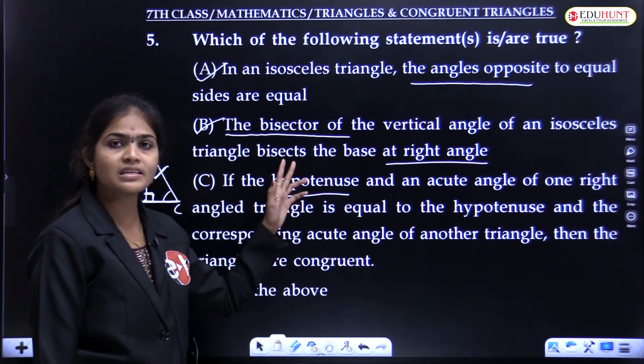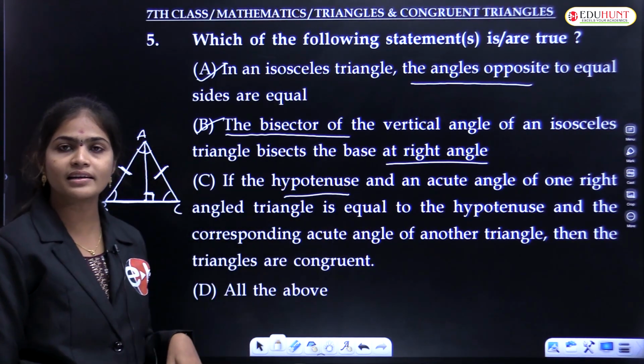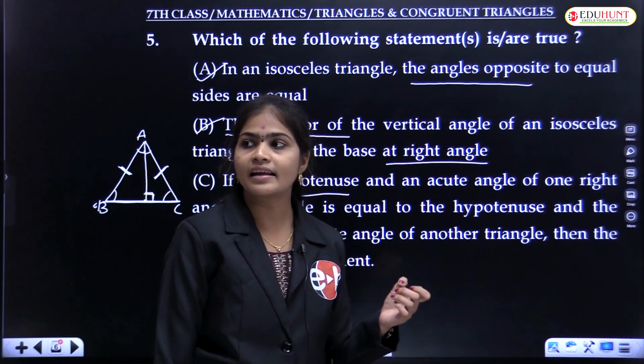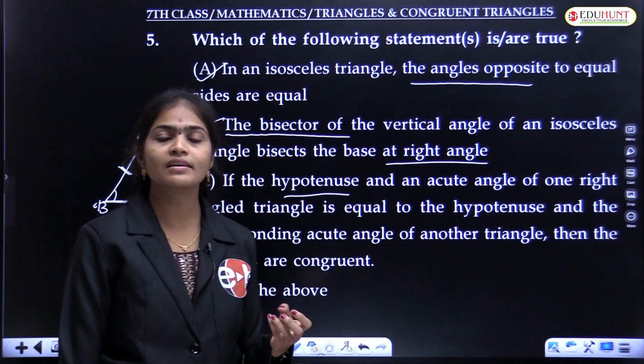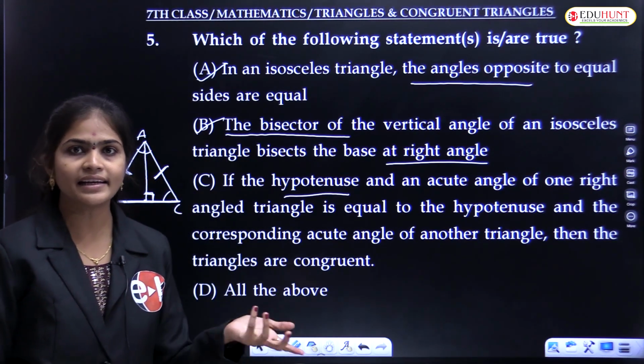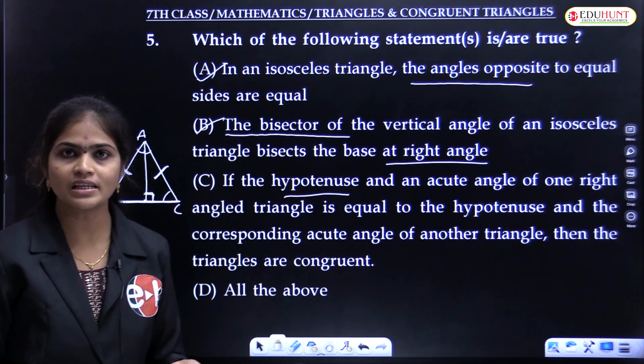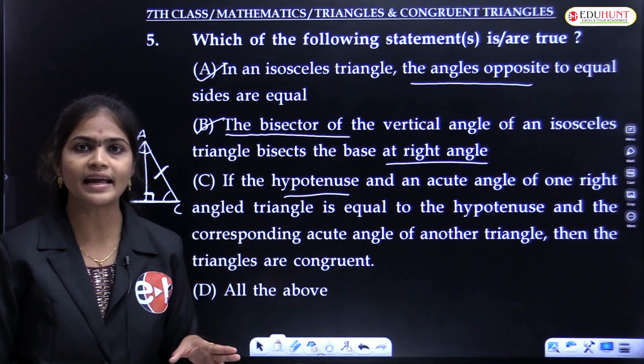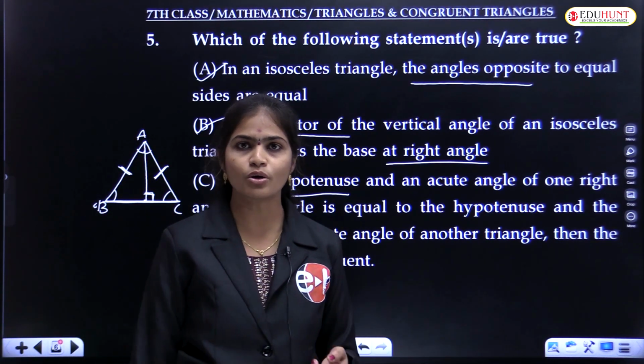According to that RHS we can say that, right? Hypotenuse as well as one angle, 90 degrees equals 90 degrees, and another side of a triangle must be equal in the two triangles, then we can say that those two are congruent.